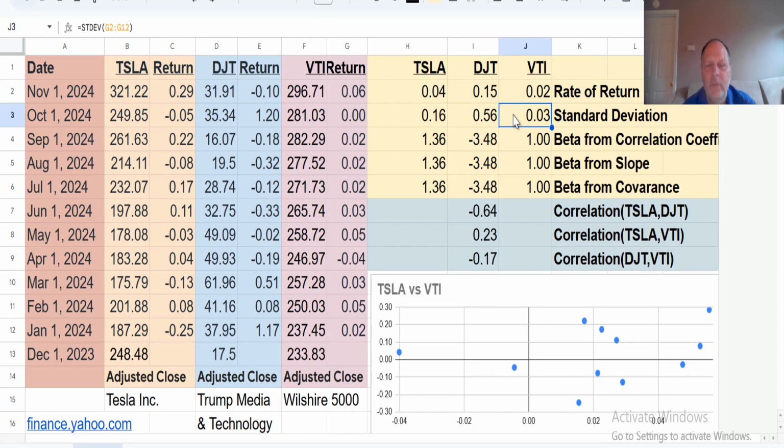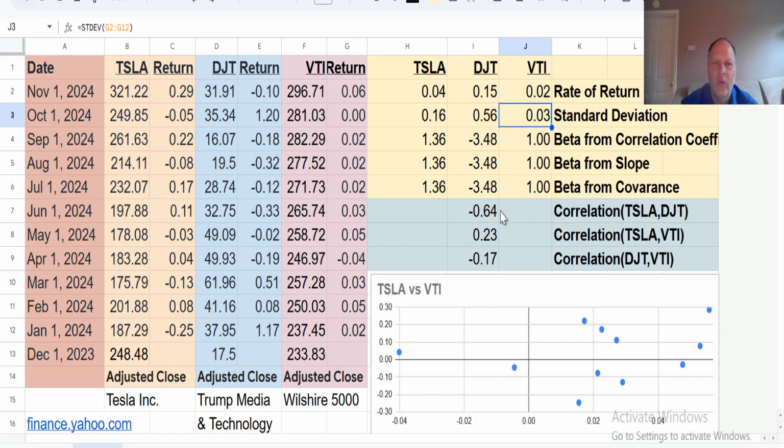We find once again the most risky standalone investment is Donald J. Trump. The intermediate risk investment is Tesla, and the lowest risk investment is the Wilshire 5000, our diverse stock investments.